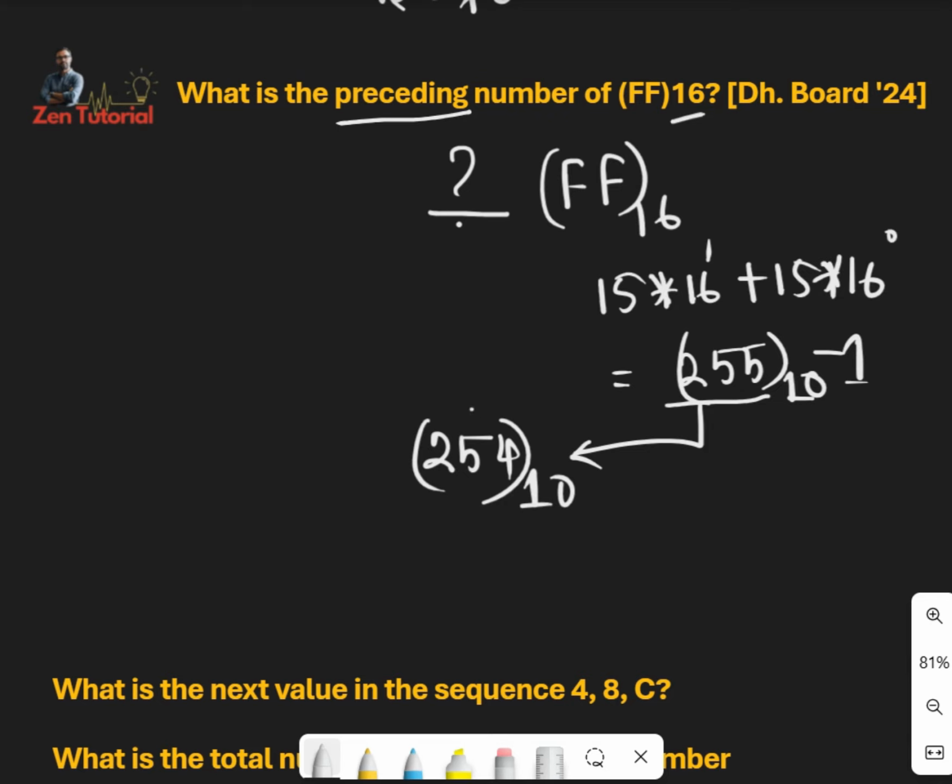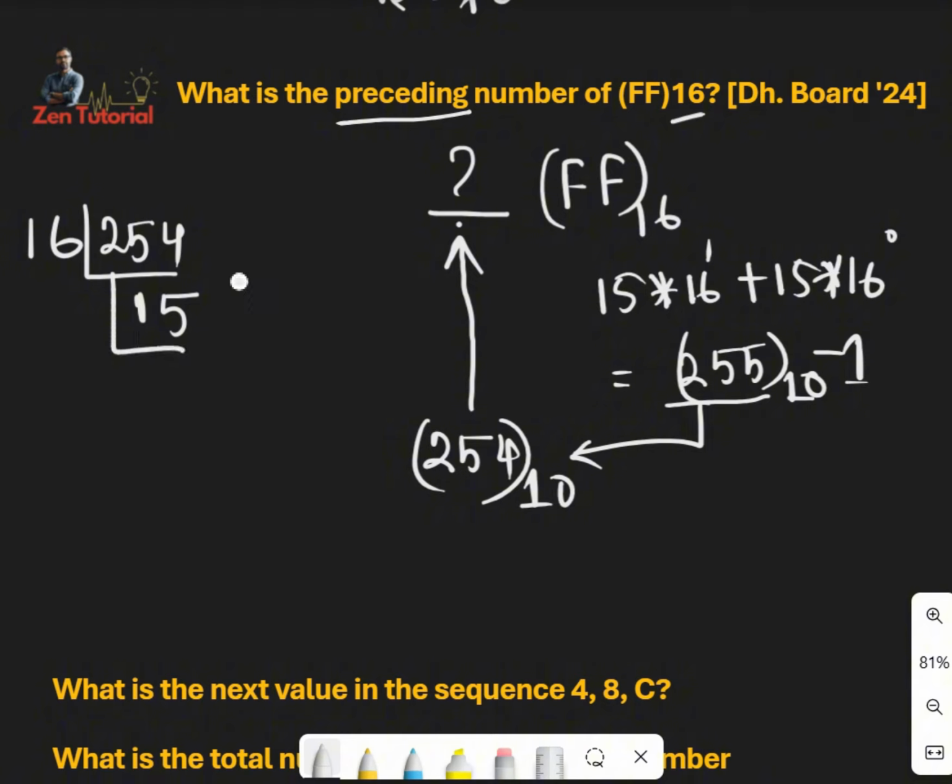Now we have to convert this value into hexadecimal. So 254 we have to divide by 16. If we divide 254 by 16, it will be 15.